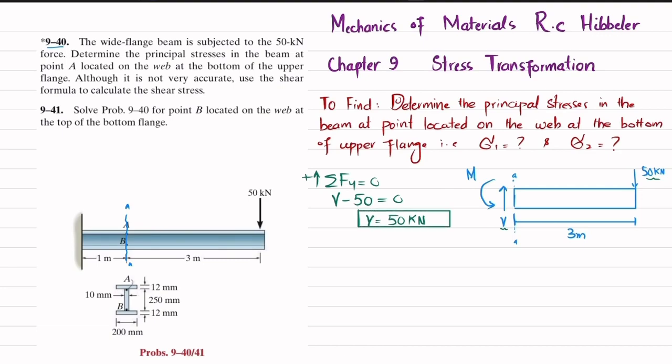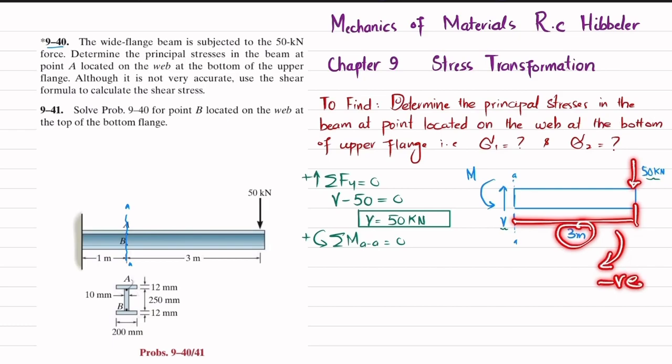Now we'll find this moment. So for moment, we'll apply sum of all moments about section AA must be equal to 0, taking the counterclockwise moment as positive. So about this section AA, the one moment is due to this 50 kilonewton load into perpendicular distance 3, and this is producing clockwise, so it will be negative. The second moment is this external moment, which is counterclockwise, so it will be positive.